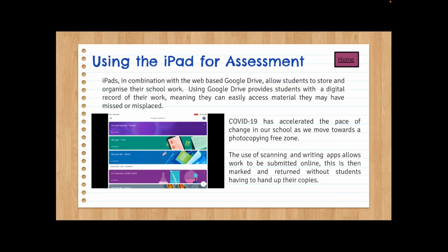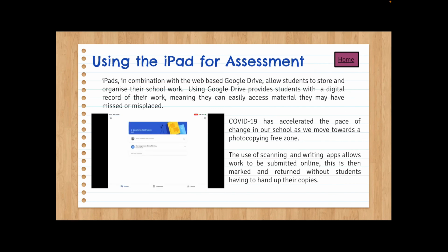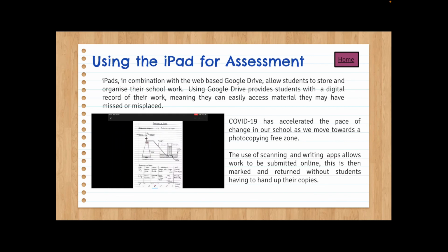Teachers can then, on their Google Classroom, go into a class and they can see the pieces of work that students have submitted. They can click on these pieces of work, and using a stylus or a pencil, they can write on the piece of work in the same way they would write in a student's copy.